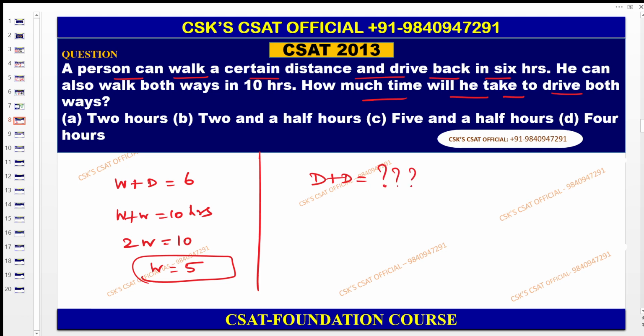So here substitute here, so d becomes 1 hour. So driving plus driving, a certain distance and drive back, so 1 plus 1 becomes 2 hours. So the answer for this question is A. Everyone understood that? Shall we move on to the next one? Okay, fine.